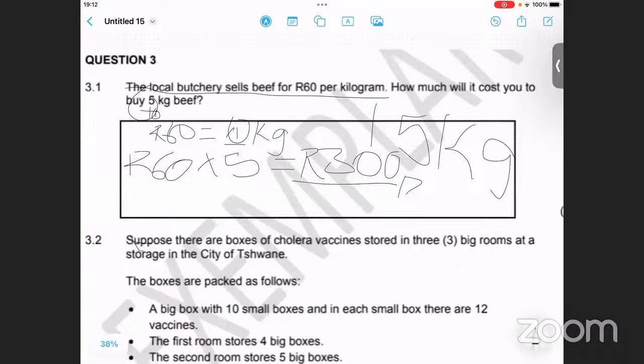How are we going to calculate the cost if we wanted to buy 15 kg? We are going to divide. Are we going to divide the 300 by 5? No, the 300 is for when we are buying 5 kg.